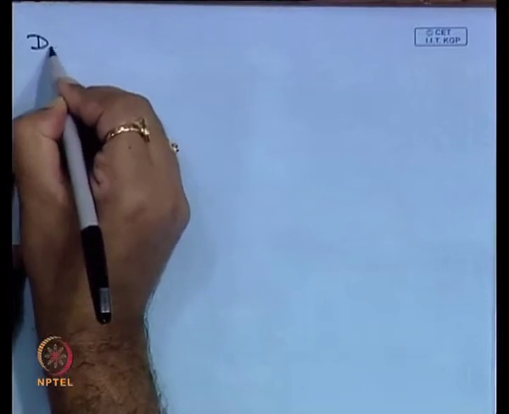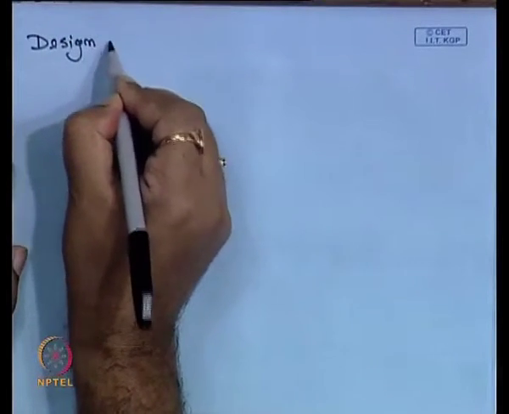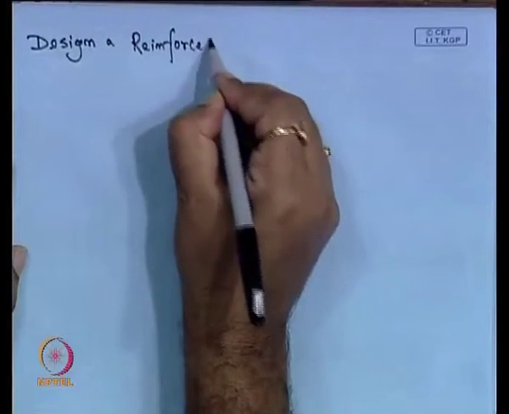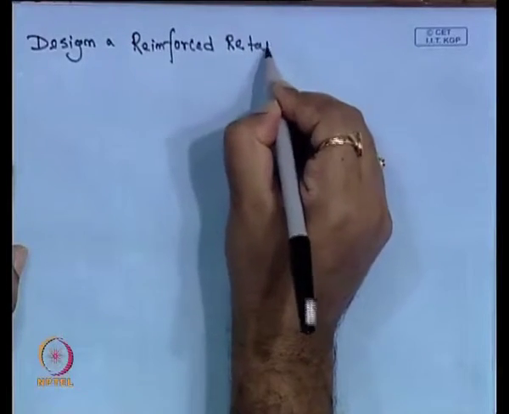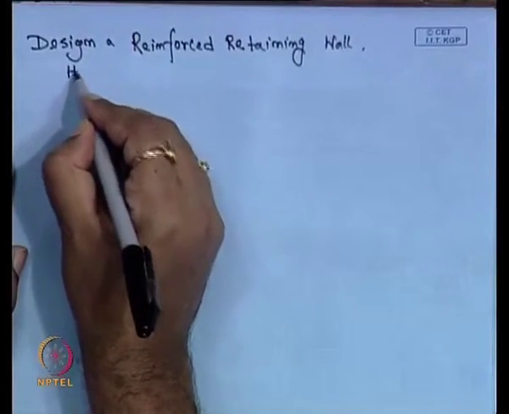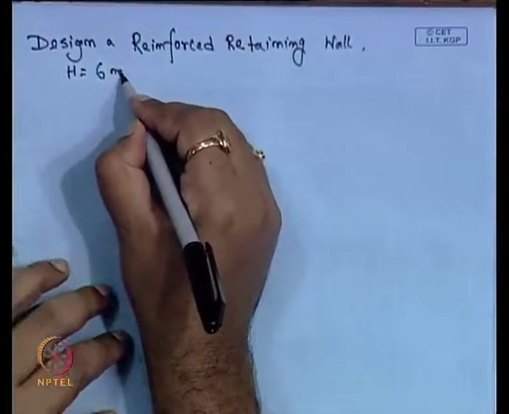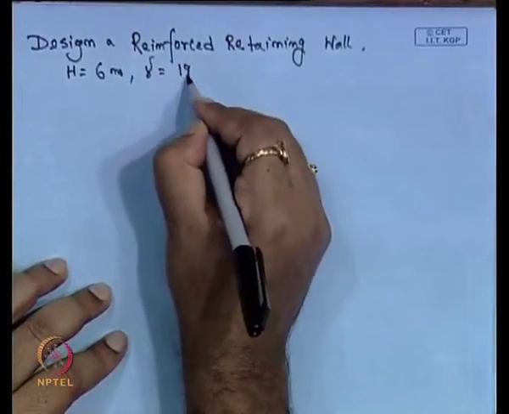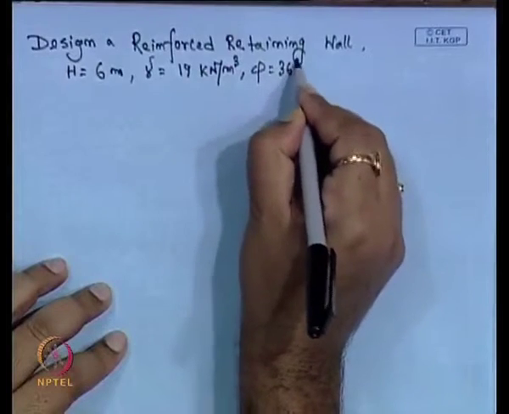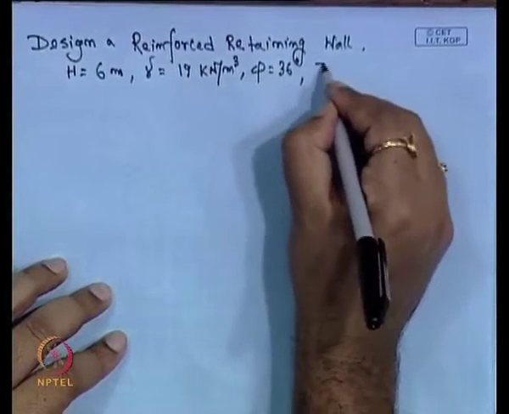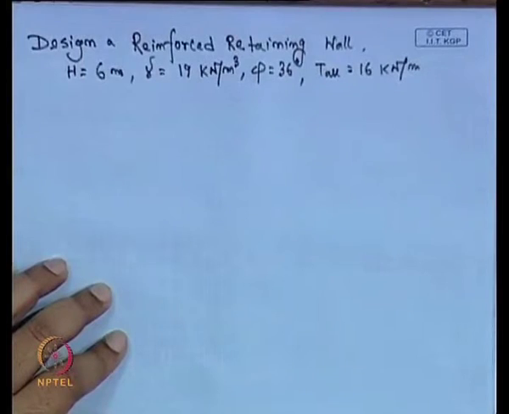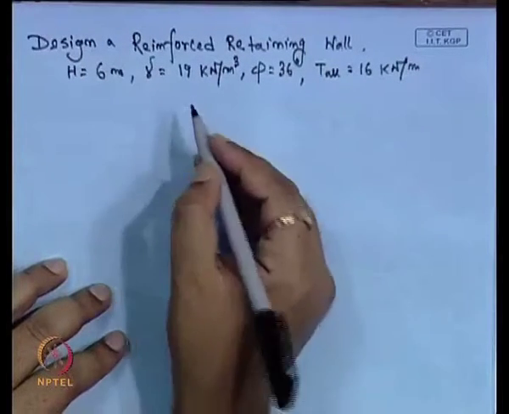Design a reinforced retaining wall where H, the height of the reinforced wall, is 6 meter, gamma of the reinforced soil is 19 kilonewton per meter cube, phi is 36 degree, and T allowable is 16 kilonewton per meter.